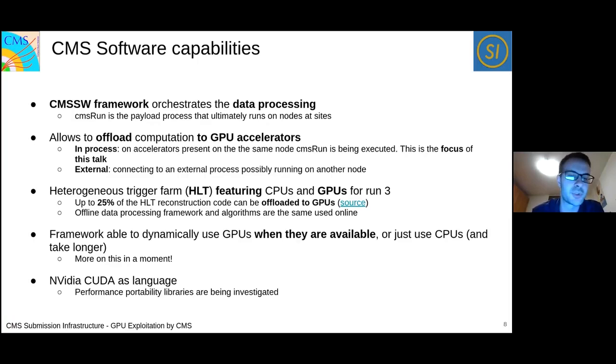It's able to use both CPUs and GPUs in parallel. And this is something I will come back to in a few slides. NVIDIA CUDA is used as a language, and there are plans to use a performance portability library to enable other languages.